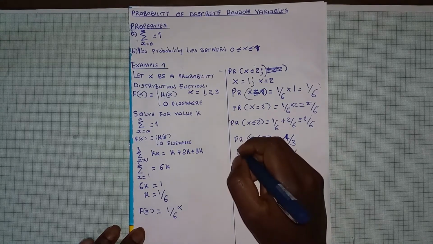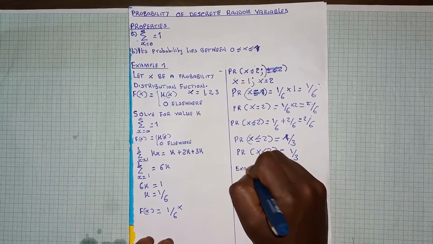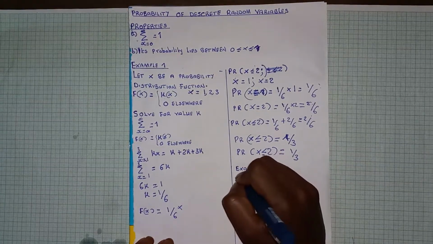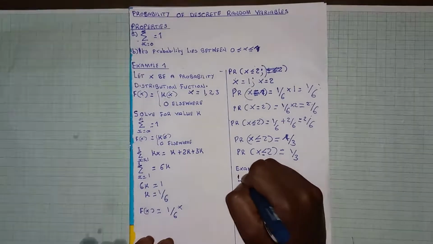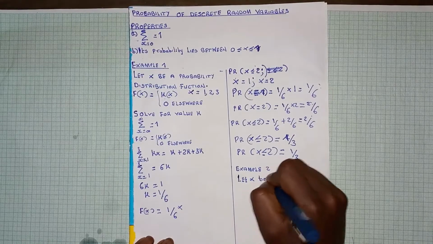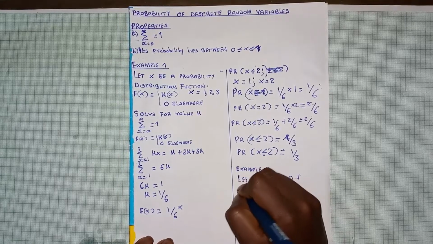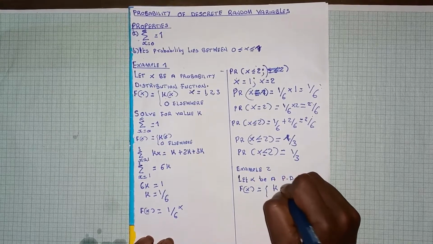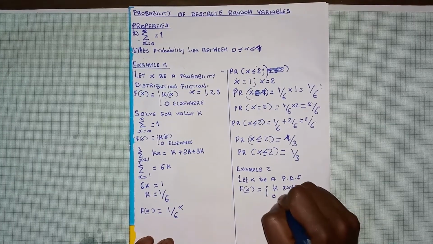So you can also try to evaluate the value of k given the question: let x be a probability density function where f(x) is equal to k(3x plus 2), and 0 elsewhere.